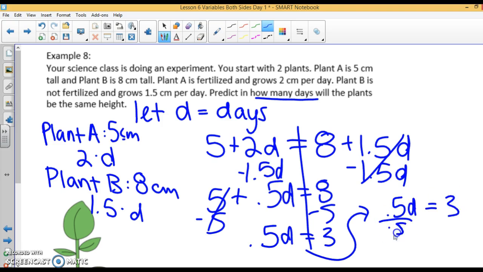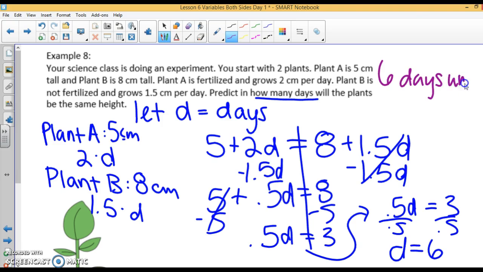I'm going to divide by 0.5 on each side, and I'm left with D equals 6. And we said D is going to equal days. So now we know it's going to take 6 days until plant A and B are the same.